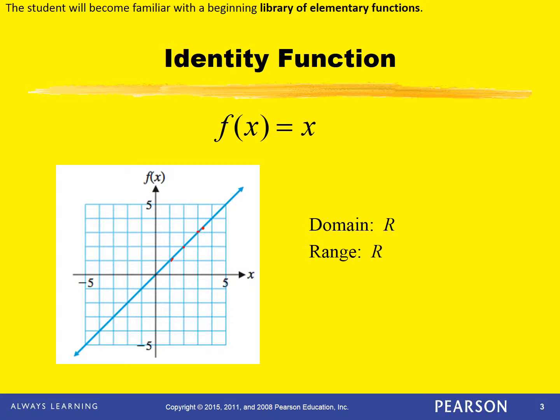The first and second coordinates are the same for every point on the graph. The domain is the set of real numbers because you can see that this graph extends infinitely in both directions, left and right. The range is the set of all real numbers because the graph extends infinitely up and down.